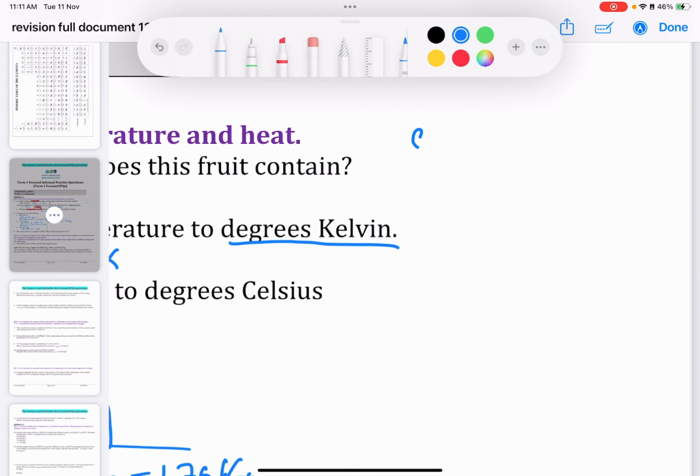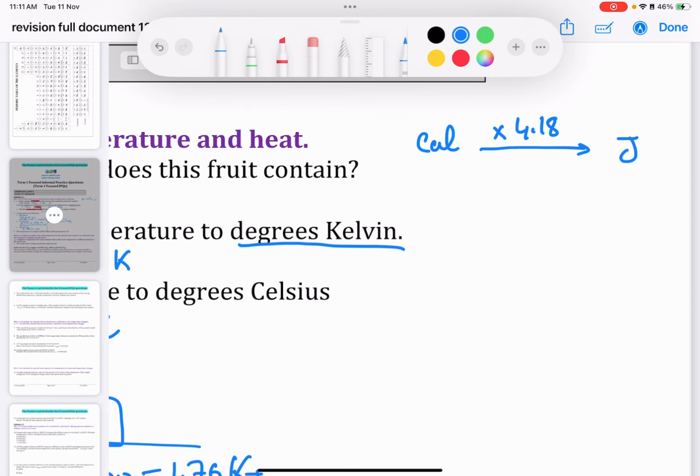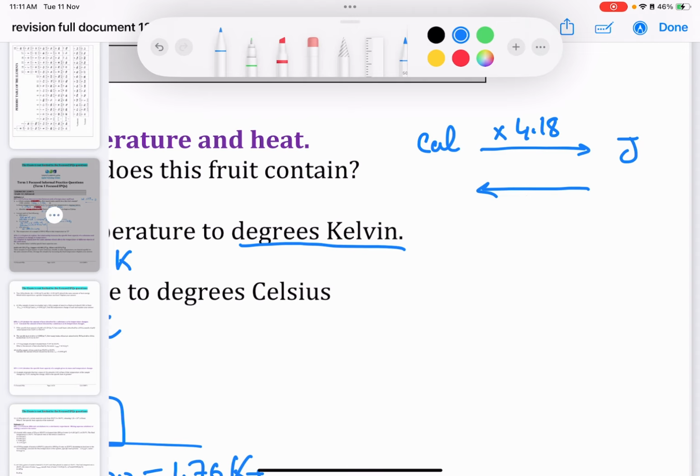So remember this. I'm going to write it in a simpler way. If you are converting from calories to joules, you multiply by 4.18. If you are converting from joules to calories, you divide by 4.18.